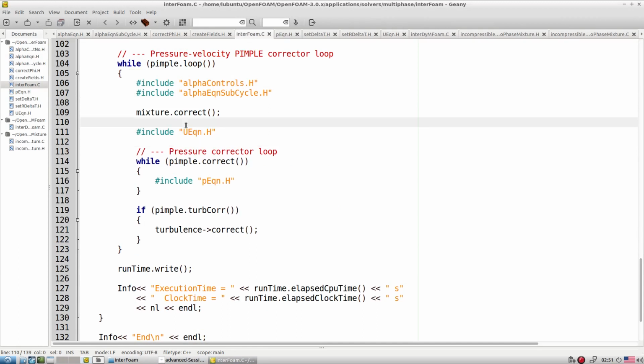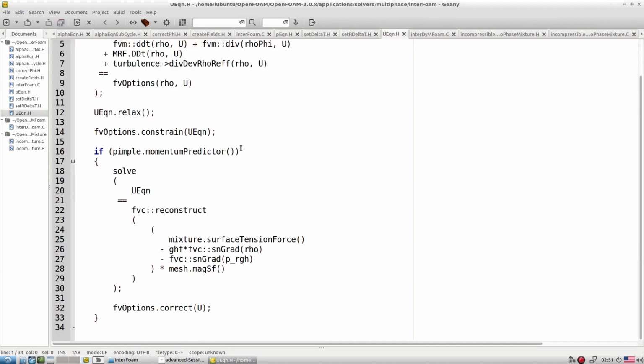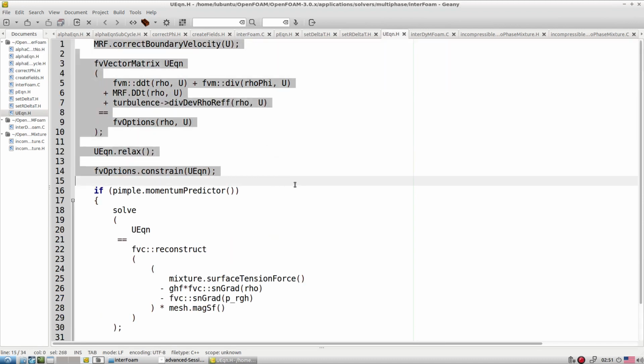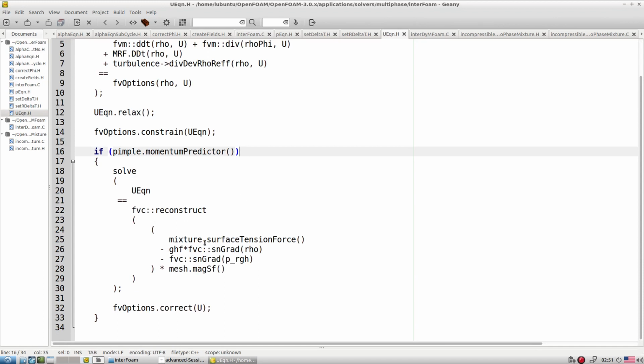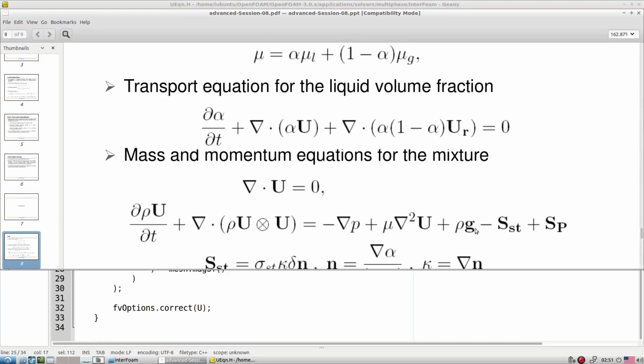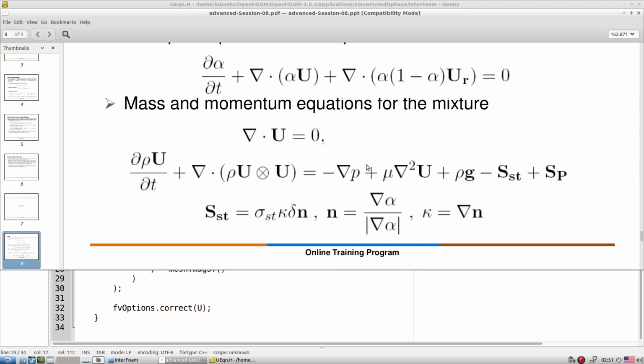Let's look at the U equation. Compared to our normal case, we have additional terms like the surface tension force, the gravitational force, and our pressure term. All the terms we see here, 1, 2 and 3, are available inside the Navier-Stokes equation, and all other terms are almost the same.